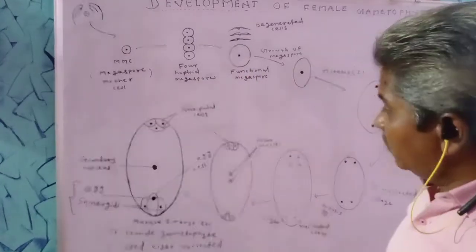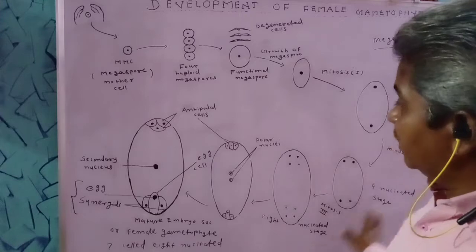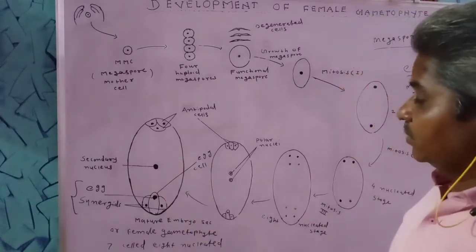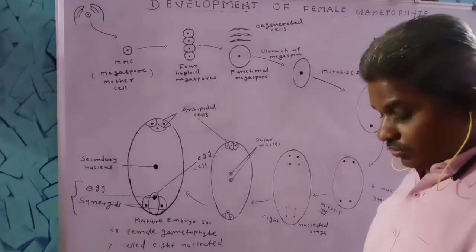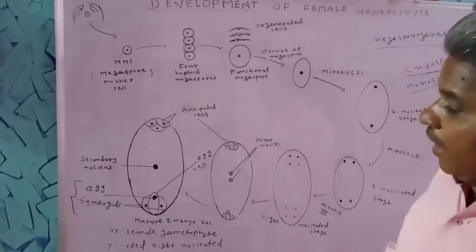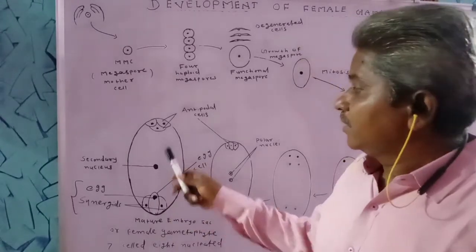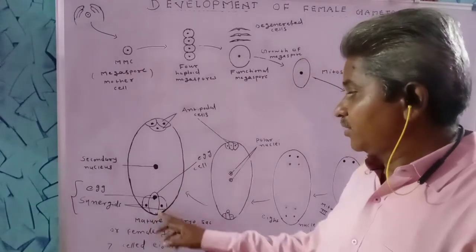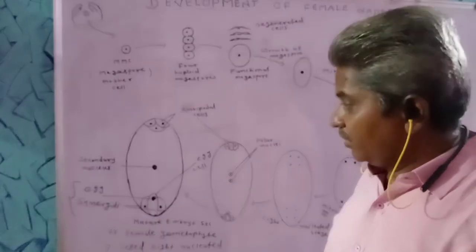So this is the whole development of the female gametophyte, which is also called the embryo sac, and in that embryo sac the egg, the female gamete, develops during the developmental changes. The embryo sac contains a total of 7 cells. How is it 7 cells?